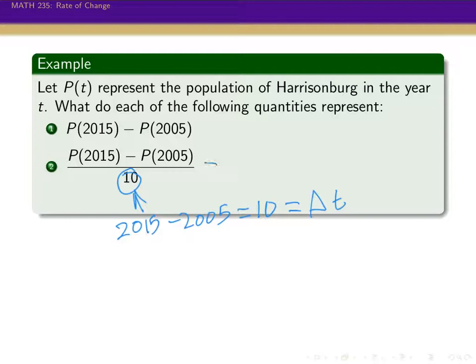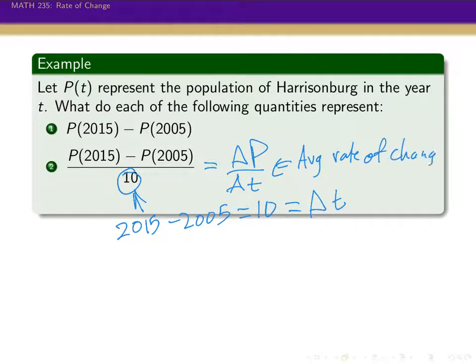On top, we still have our change in population, our delta p. So this is delta p over delta t. And this is talking about the average rate of change between years 2015 and 2005.